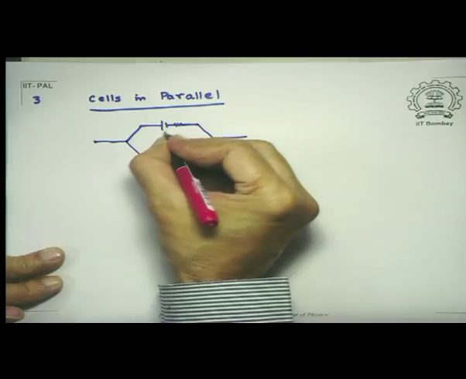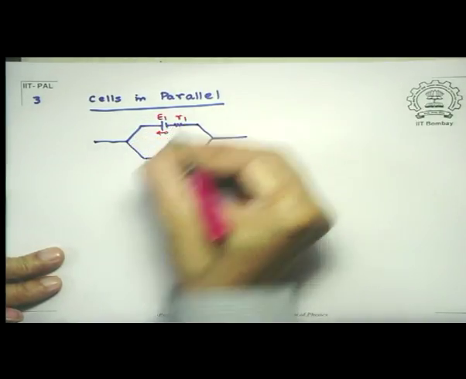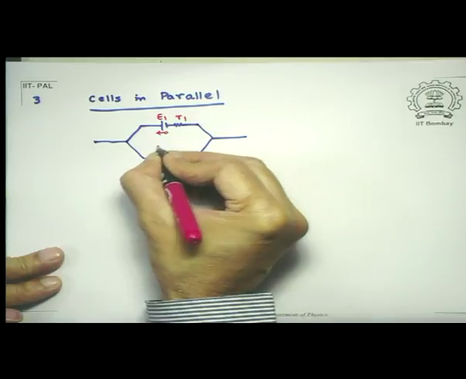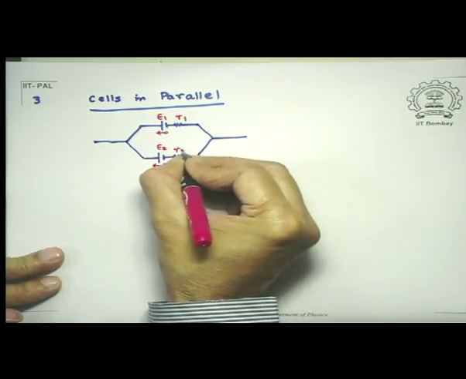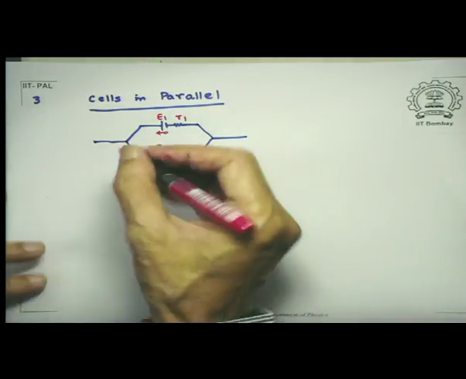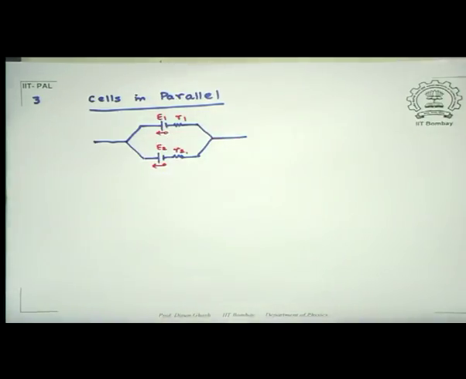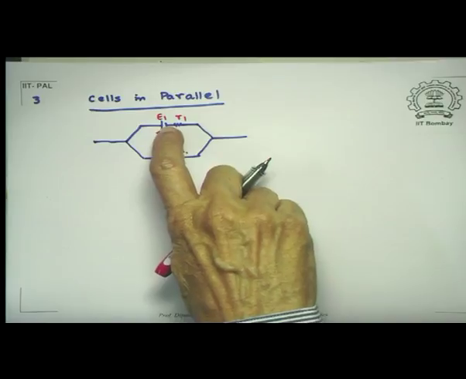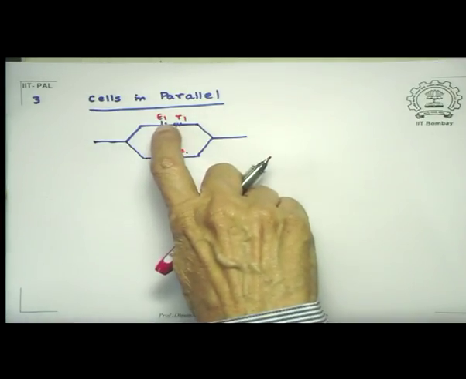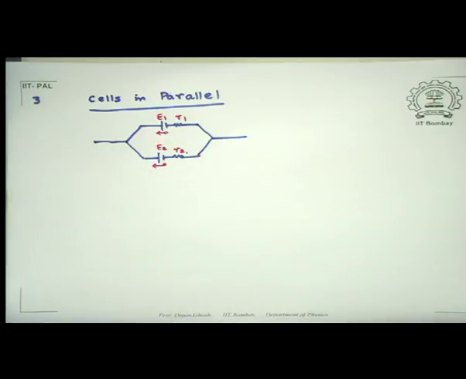This is once again our same notation, E1 R1, E2 R2, and in this case, let us now notice here the most common combination is to join the similar polarities end to the common point. This is the way the parallel combinations work.